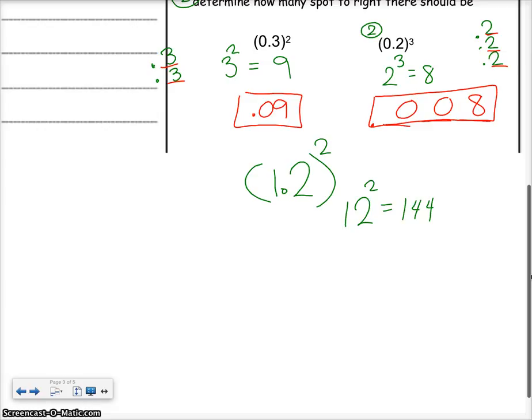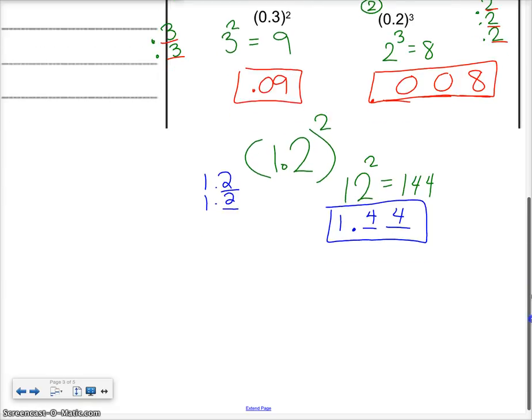And then I figure out how many spots to the right. So I have 2 1.2s, 2 spots, so decimal and 2 spots. And I have a 4, 4, and a 1. So it would be 1.44 would be my product.